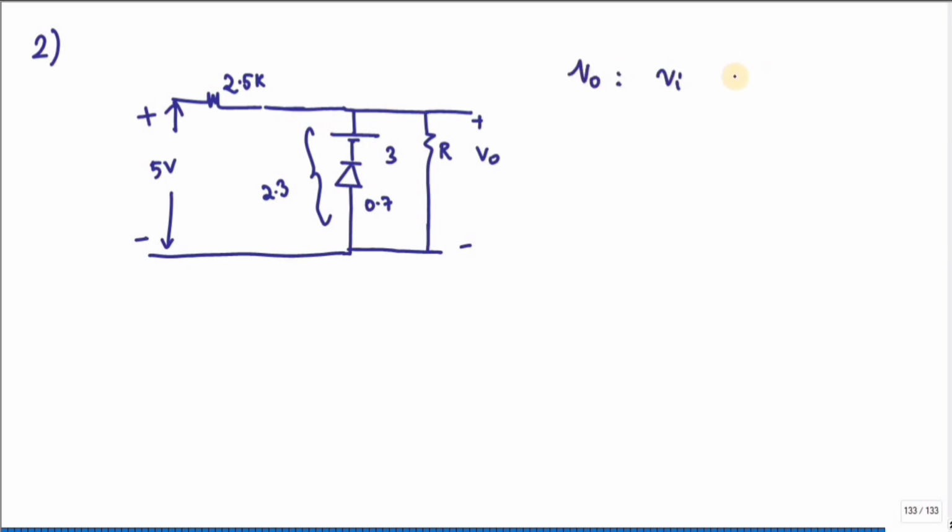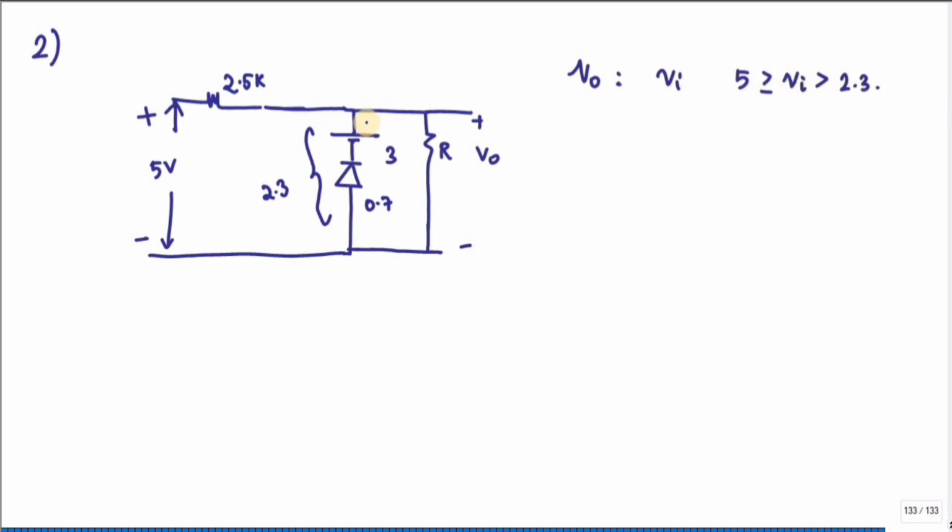So since it is a negative clipper, whatever the VI value, it will be at the output. Okay, so whenever VA is 4 volt, this will be open circuited. So whatever the input value, it reaches the output.